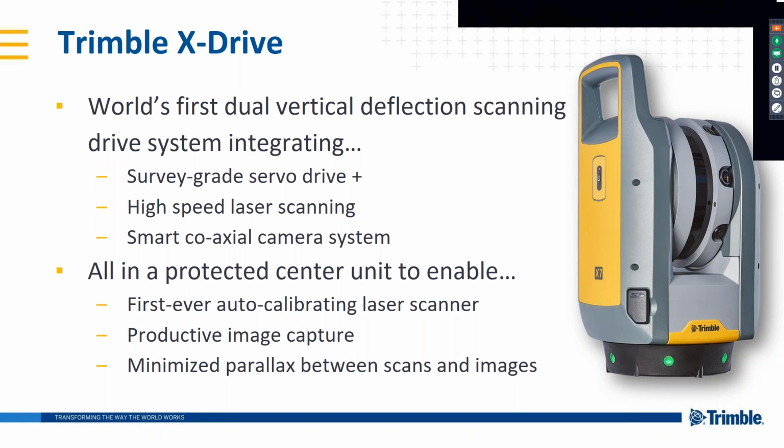Whenever we as a manufacturer create these things, they come out with these technology words, and the word for this one is Trimble X drive, and this is basically a generic description of the whole electronic system that is put together here that lets us do some of these specific things, such as the calibration, the automatic registration, and so on. That's really the core technology that sits behind the capability to do some of these things.